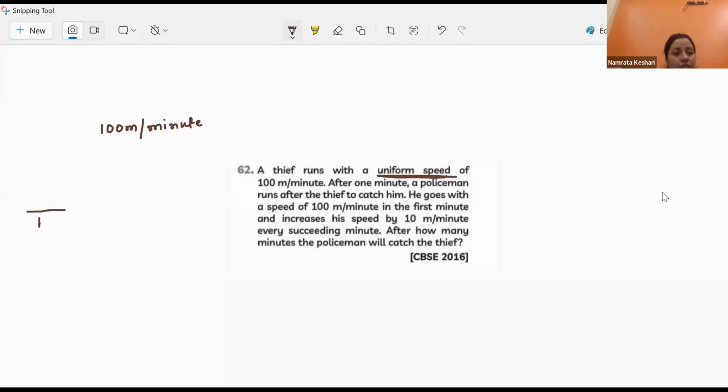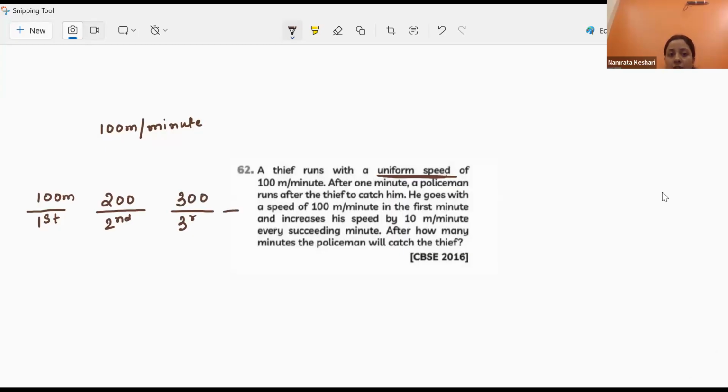So in the first minute, the thief has covered 100 meter. Next minute, the total distance covered by the thief from the beginning will be this one.